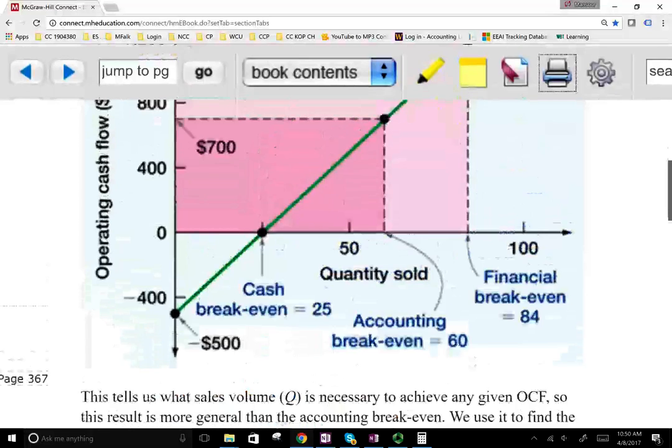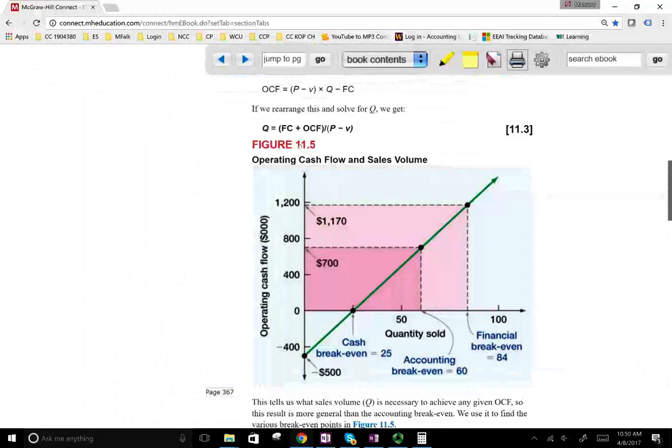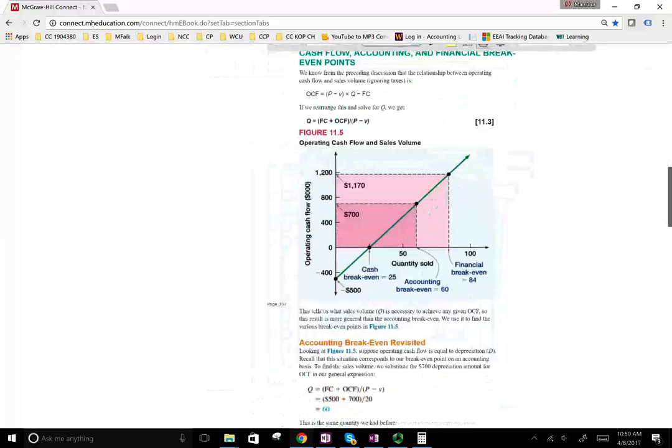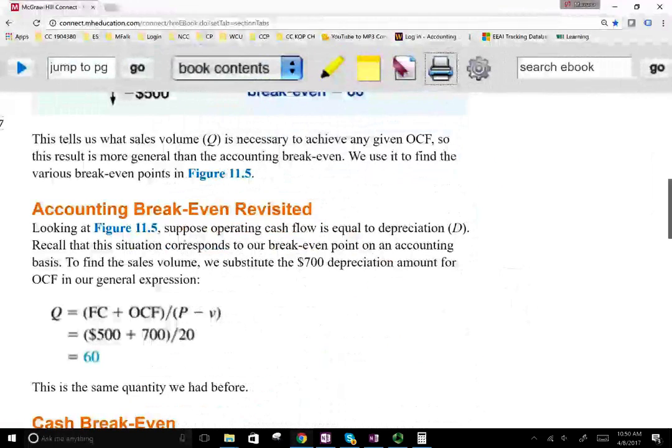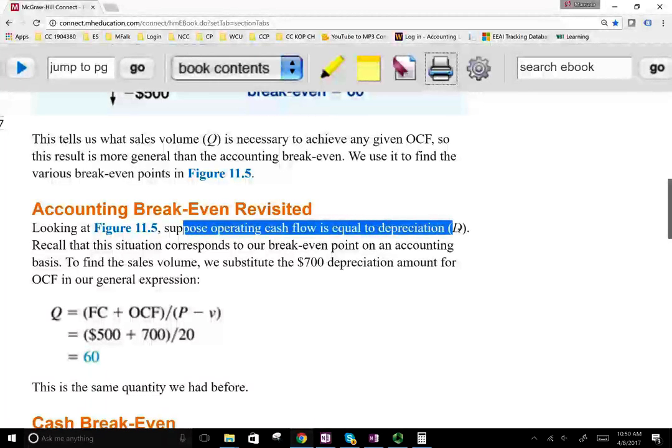If we take the numbers that we have and plug them into the formula, we find that the financial break-even point is 84. Looking at figure 11-5, suppose operating cash flow is equal to the depreciation.